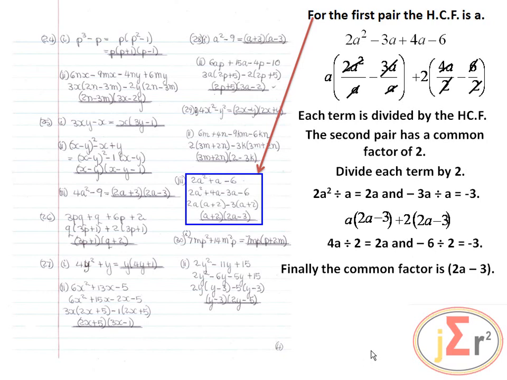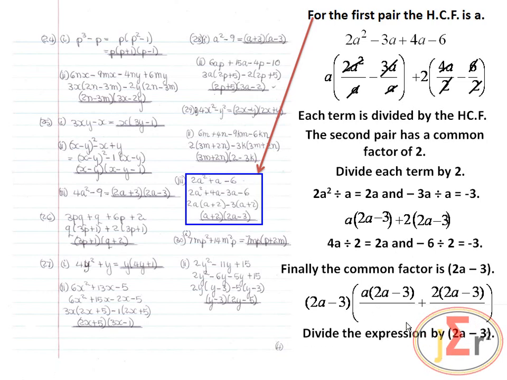So we have 2a minus 3 as our common factor, and we are dividing each term by 2a minus 3. The 2a minus 3 will cancel right here. All that we have there is a. And the 2a minus 3 will cancel right there. All that we have there is 2. a plus 2.